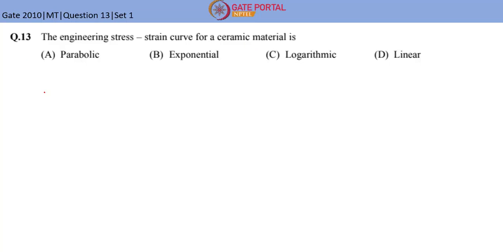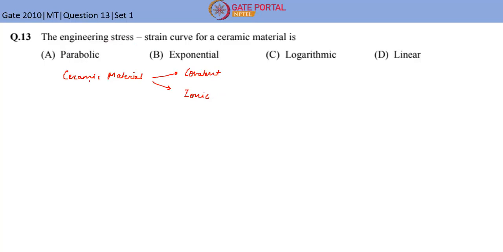Now, what is a ceramic material? Ceramic material is mostly covalent and ionic.